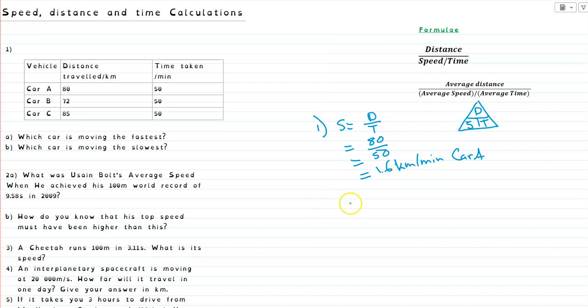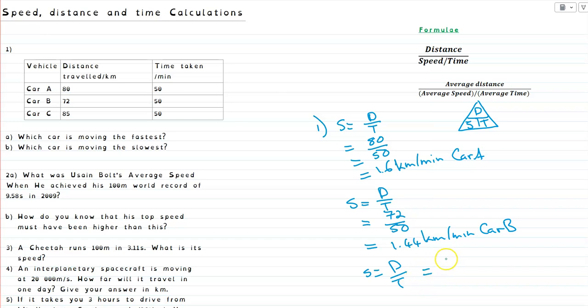Car B, speed equals distance over time equals 72 divided by 50 equals 1.44 kilometers per minute. This is car B, and we all see that car A is automatically faster than car B. Let's look at car C. So speed equals distance over time, which is equal to 85 over 50, which then gives us 1.7 kilometers per minute.